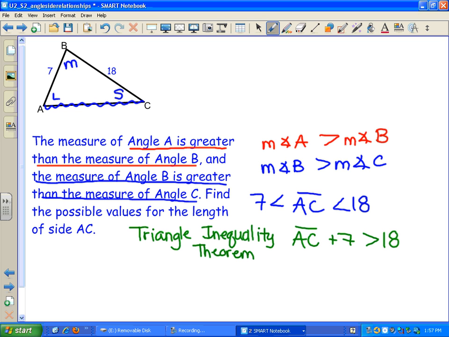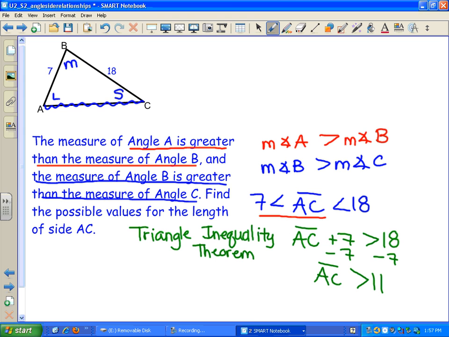I'm going to subtract 7 from both sides. So AC has to be greater than 11. In my first situation, I just said AC had to be bigger than 7, but that's not true. 8 is bigger than 7, but 8 plus 7 is not going to be bigger than 18.